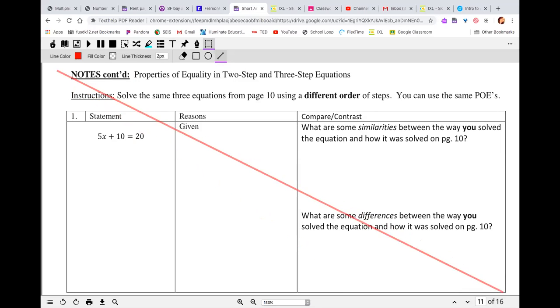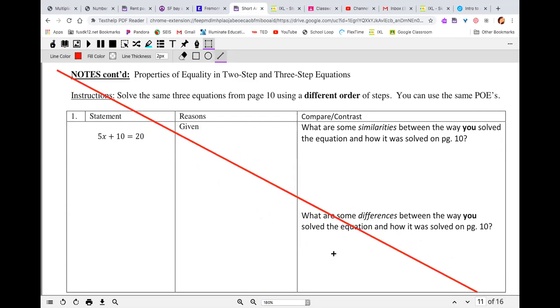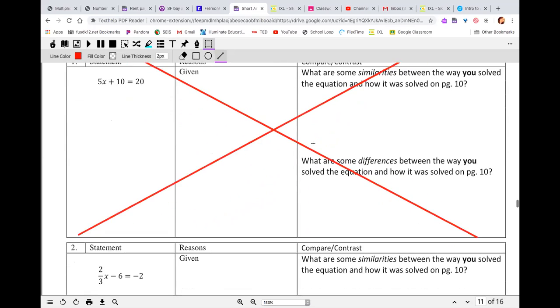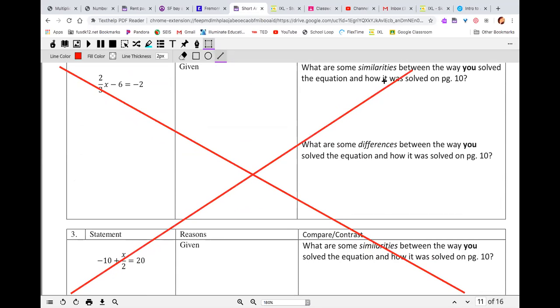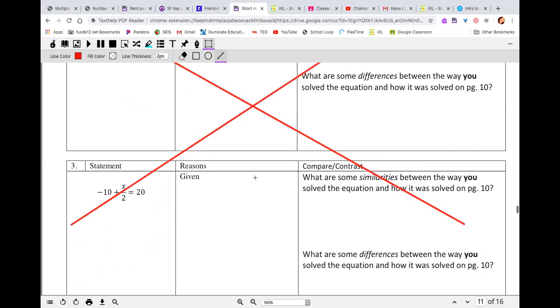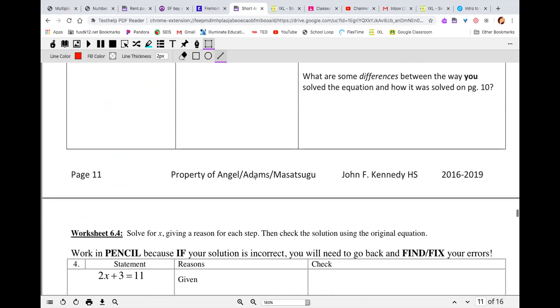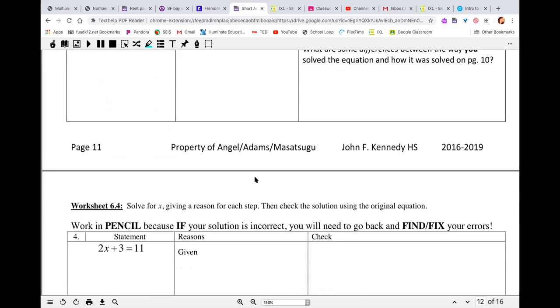So if you're at home, we are skipping page 11. Let's go ahead and put a big X on that. We are not doing that. We just did these problems. But sometimes that can be very confusing. So we are skipping page 11.